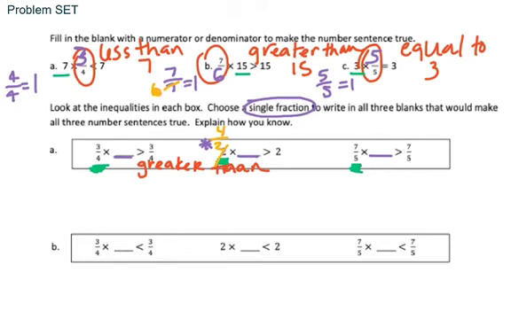So if I want to be greater than 2, or 4 halves, I have to add 1 more to my numerator. So 1 more to 4 would be 5. So the answer would be 5 halves. And 5 halves, if it works for 2 because it's the greatest, it will work for all the numbers below.